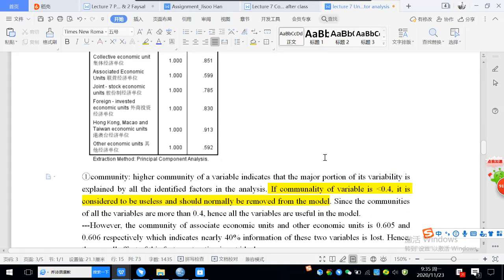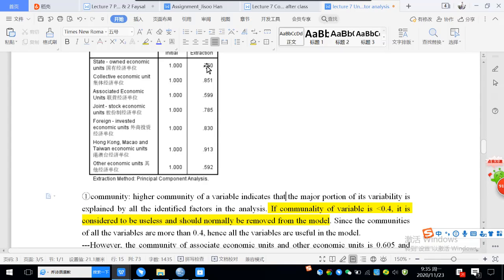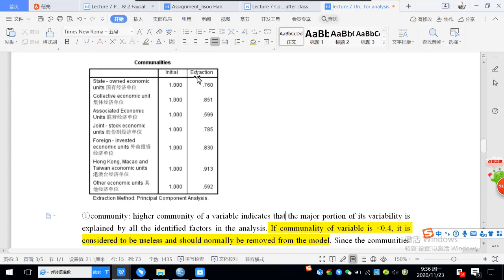So that means if any of them has a communality less than 0.4, then this variable should be removed from this model. But here all of them are more than 0.4. So that means we don't need to remove any variable from this model.